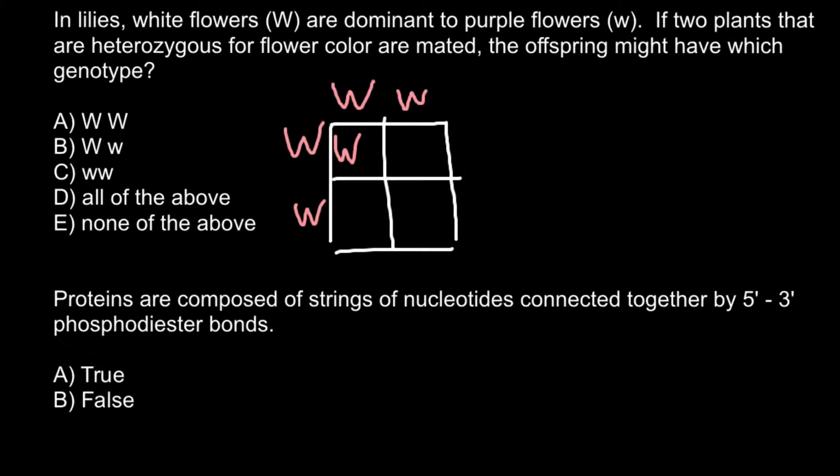So here we would have capital W, capital W, capital W and small w here, capital W and small w here, and small w, small w here. As you see, here is a homozygous dominant genotype, here is heterozygous, and here is homozygous recessive.